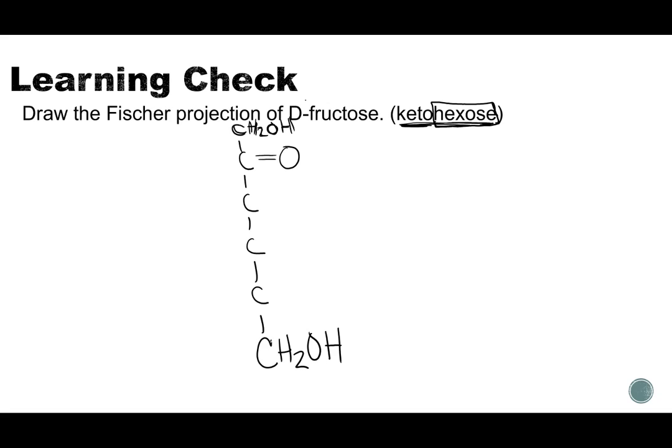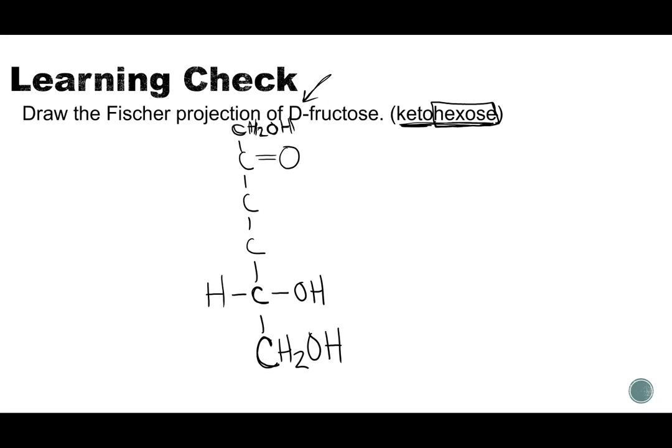And then the last thing that we need to take into account is D. So that D tells me that hydroxyl group right above the seat is on the right-hand side. So here's my seat, this first carbon, my OH has to be on the right, and that means on the left is just a simple hydrogen.